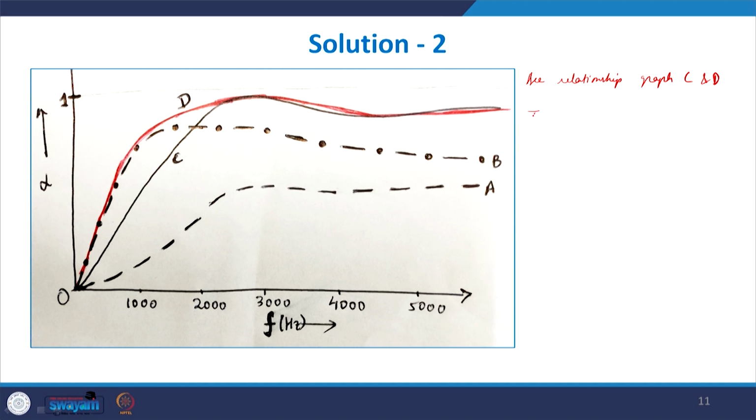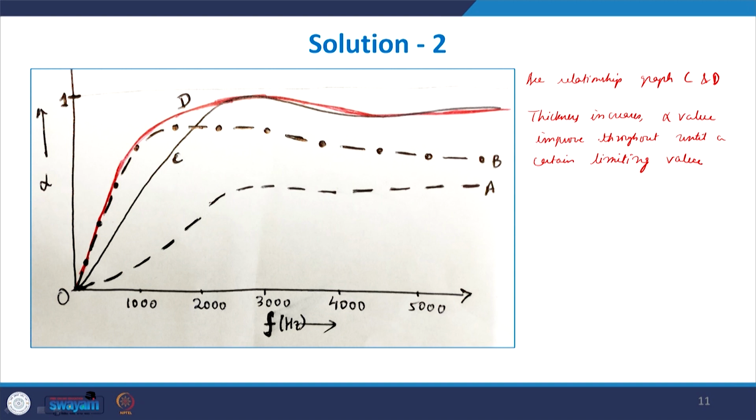So when thickness increases, alpha values improve throughout until a certain limiting value. So this is the effect of increasing the thickness.